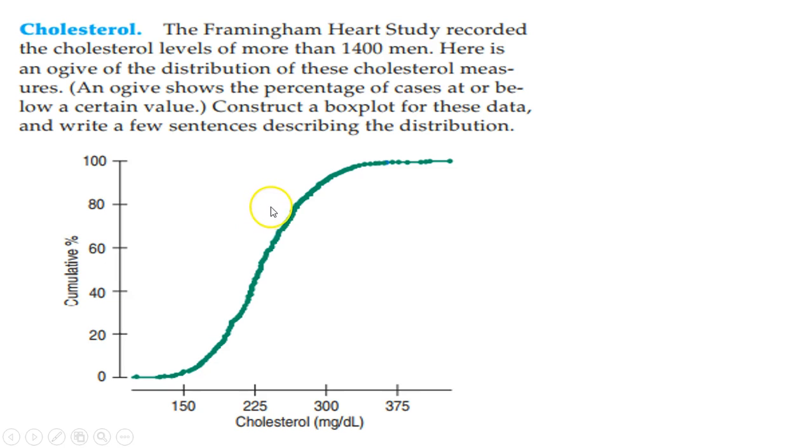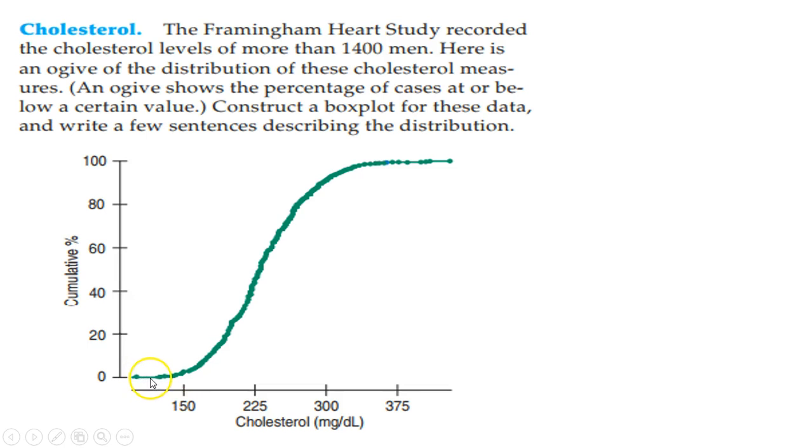It says the Framingham Heart Study recorded the cholesterol levels of more than 1,400 men. And here is the ogive, which we now know as the cumulative frequency distribution, of these cholesterol measures. That's why we went over this backwards and forwards, so you could figure out how a regular frequency would look.